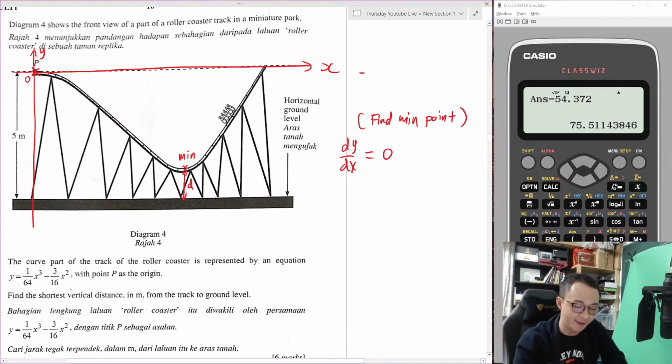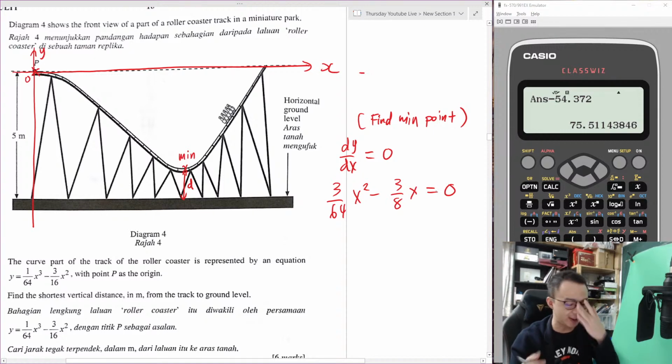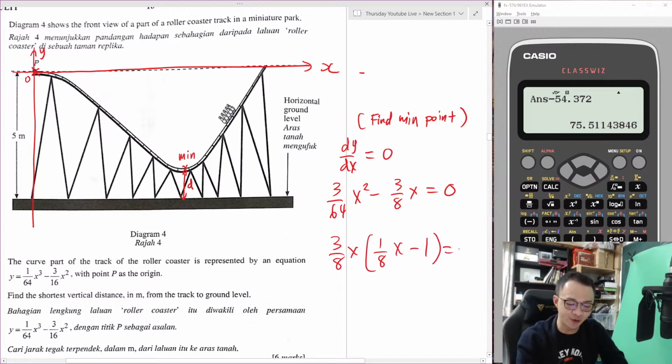So let's see. If I differentiate this one, I have 3 over 64 x squared minus 3 over 8 x equals to 0. You can just simplify. Until the end, you should get a similar result with mine. I will take out 3 over 8 x here. So I should have 1 over 8 x minus 1 equals to 0. Therefore, 3 over 8 x equals to 0, and 1 over 8 x minus 1 equals 0.